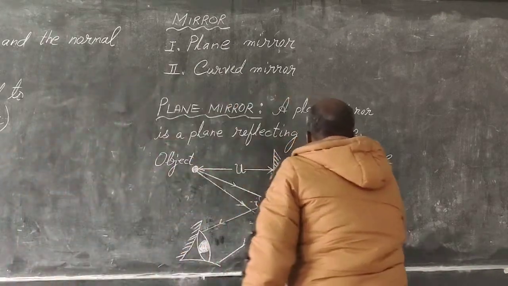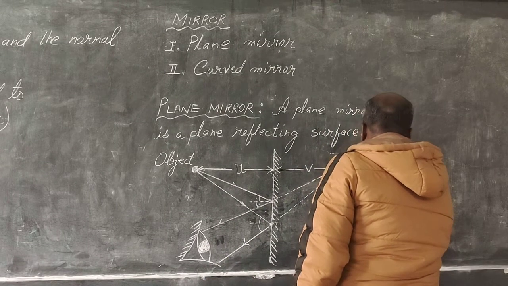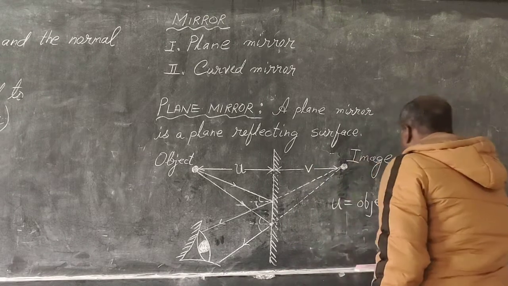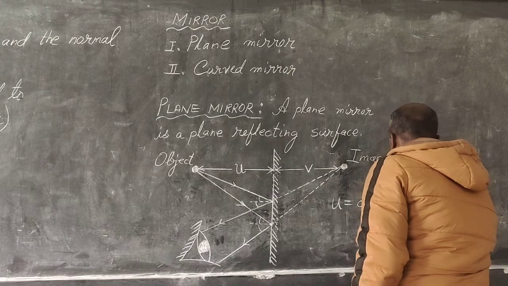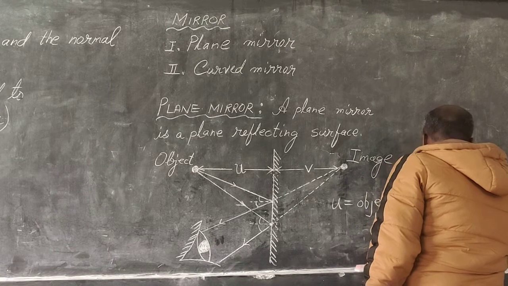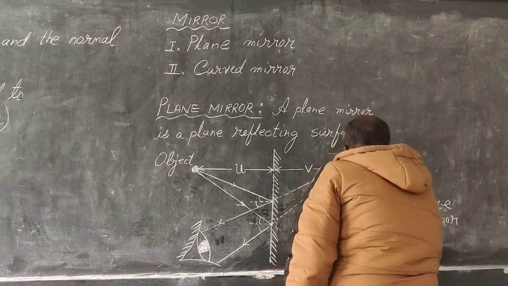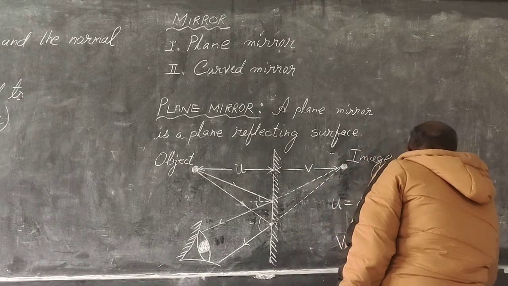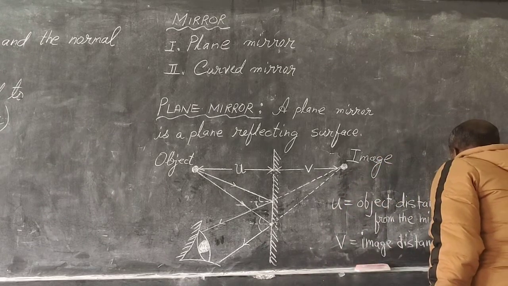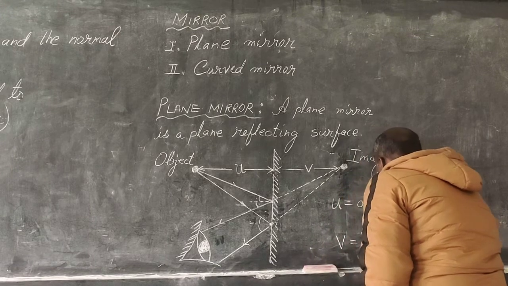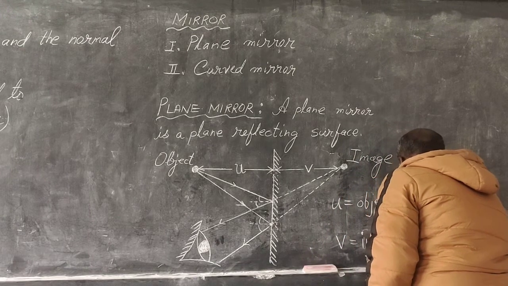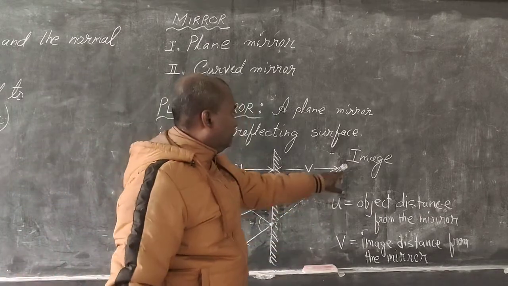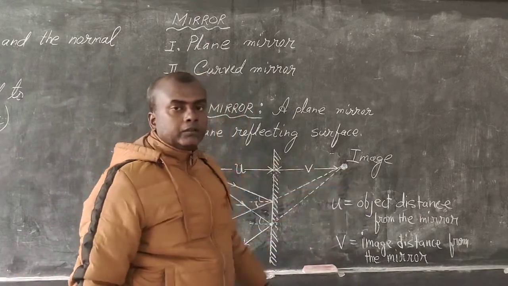So over here, u is the object distance from the mirror. v is the image distance from the mirror. u is the object distance, or distance of the object in front of the mirror. v is the distance of the image from the mirror but behind the mirror.